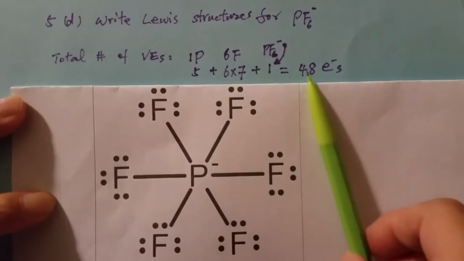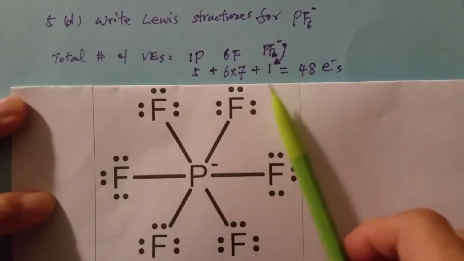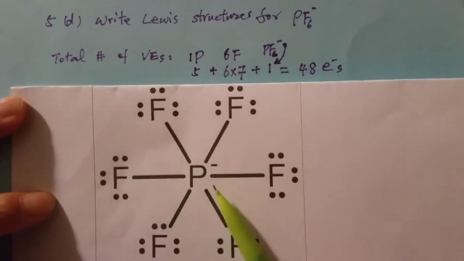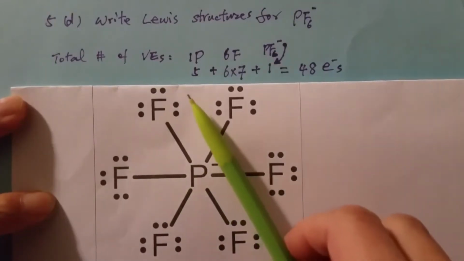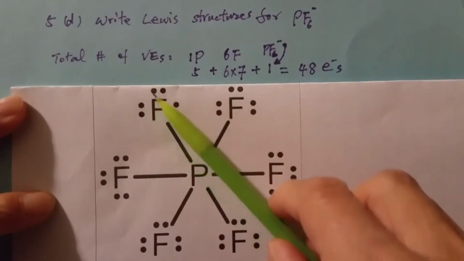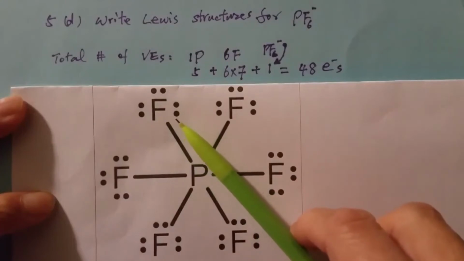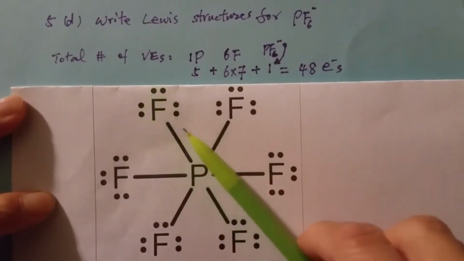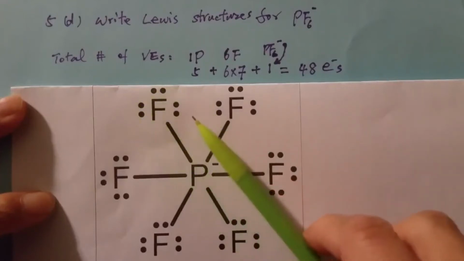When you assign those 48 electrons, each bond already takes 2 electrons. Then the additional electrons you assign to each of the fluorine atoms, with a total of 8 surrounding each fluorine.